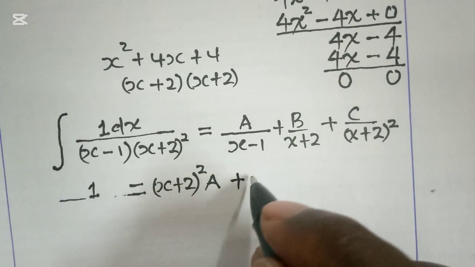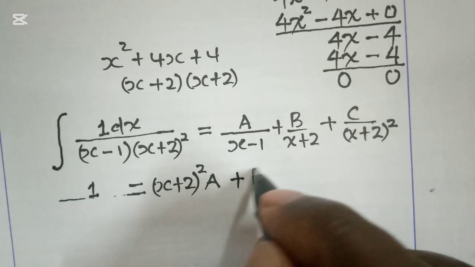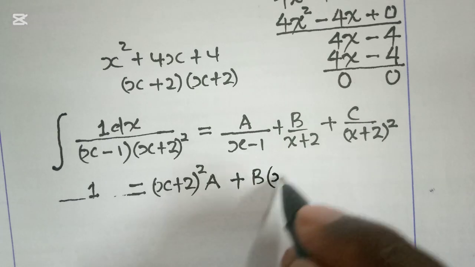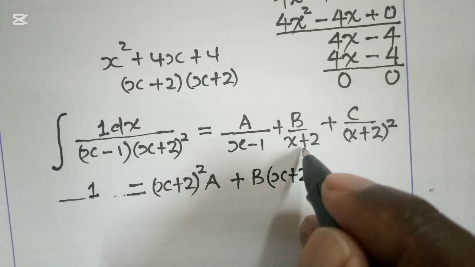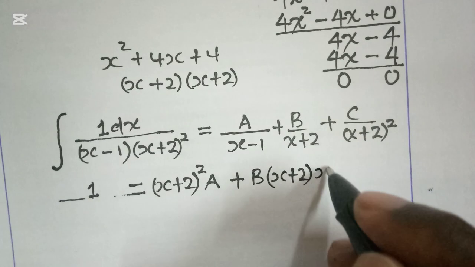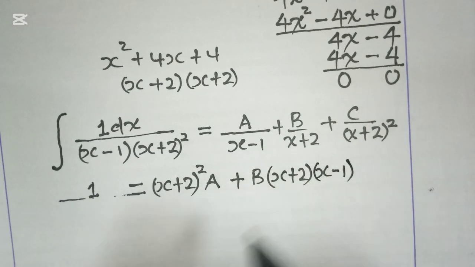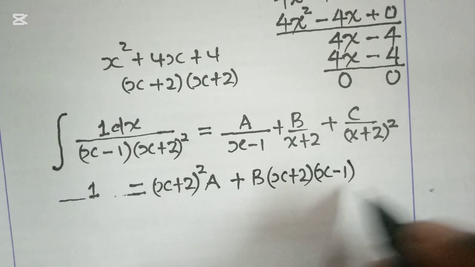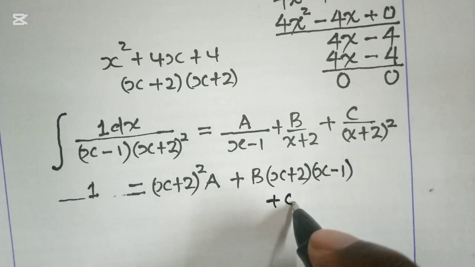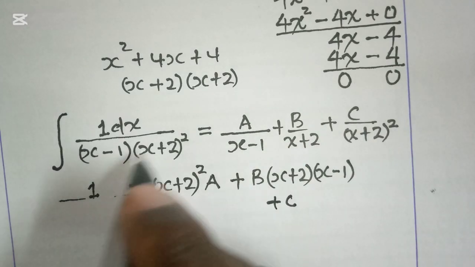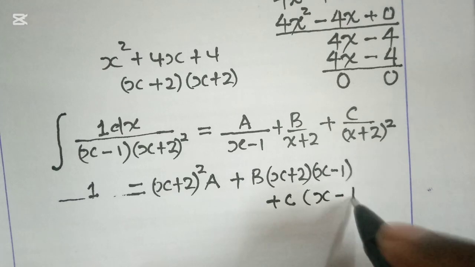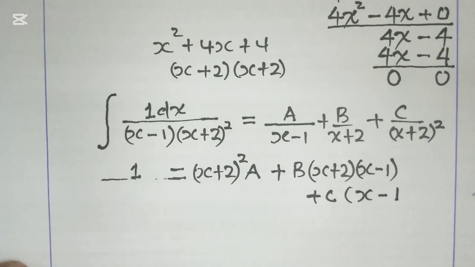I will multiply by B after dividing, which now we will get (x + 2) times, because this is 1, there is another one which I have written there, and then (x - 1). Plus, we come to C now. C will be this divided by that. We are only left with (x - 1). So guys, that is the equation we are going to use.